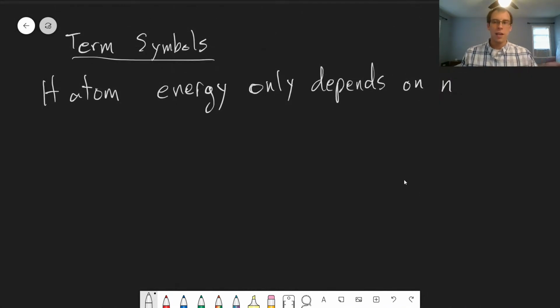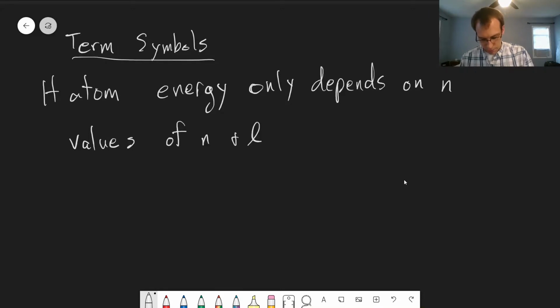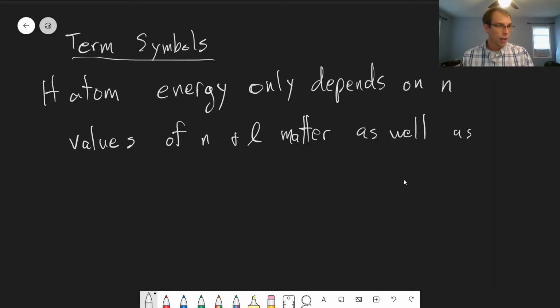So we need some quantum numbers that allow us to describe what's happening overall in terms of our system. In multi-electron atoms, the values for the different electrons of n and l matter, as well as the different magnetic quantum numbers, our m sub l and m sub s values.